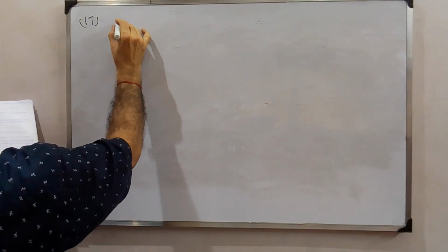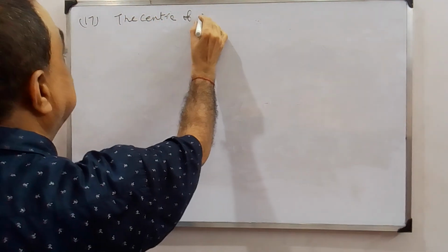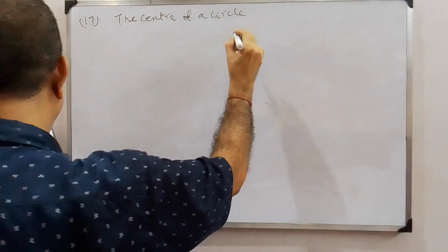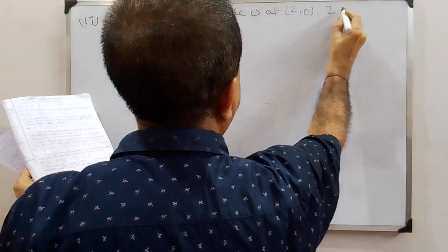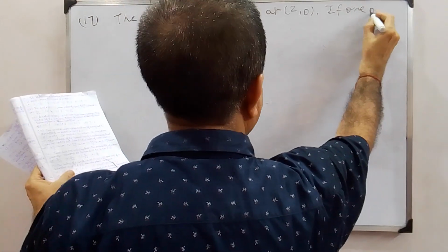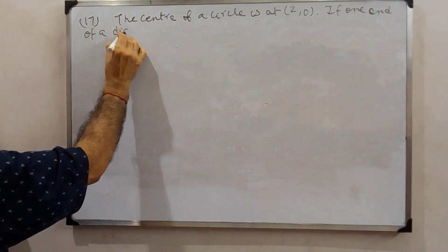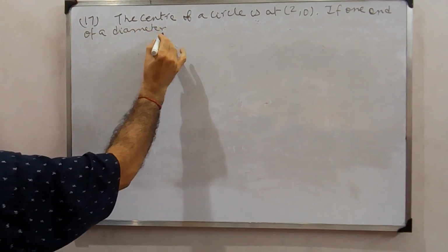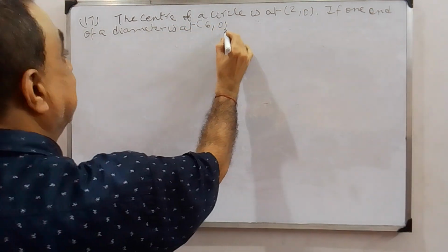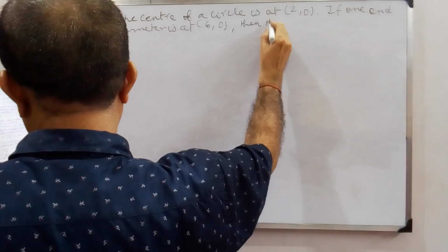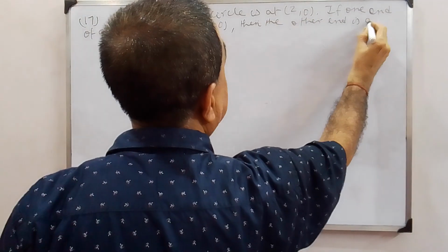Here the question is saying the center of a circle is at 2, 0. If one end of a diameter is at 6, 0, then the other end is at.